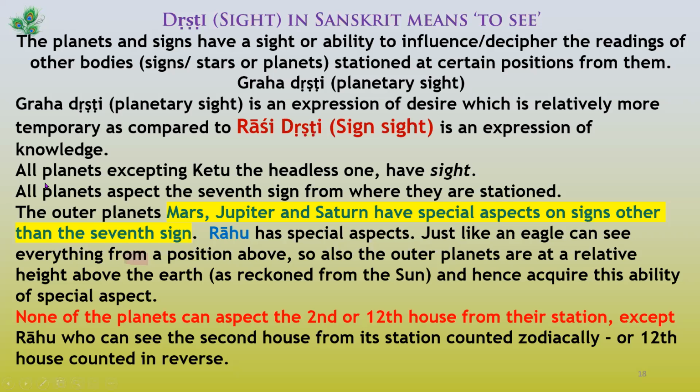So when we talk about Graha Drishti, if you put it together, planetary sight, what does that mean? What it really is alluding to is that each planet will grip you in a certain way, by the way it looks at you. Wherever it is stationed, whichever house it is in, it has a certain way of looking at various places.